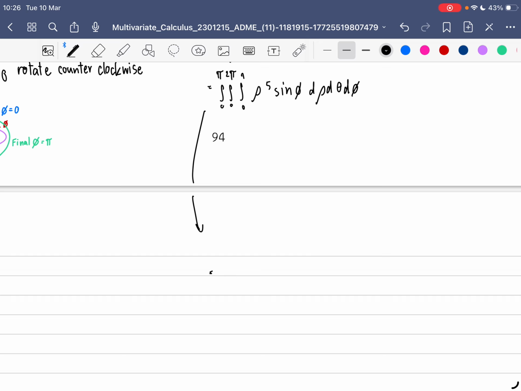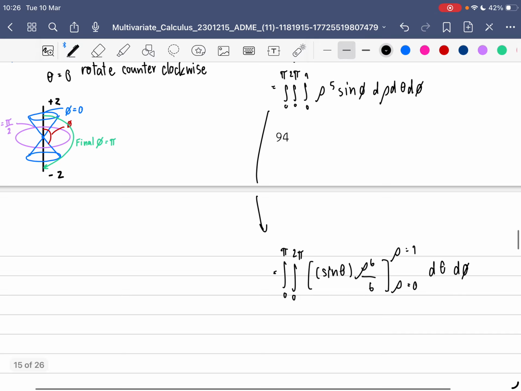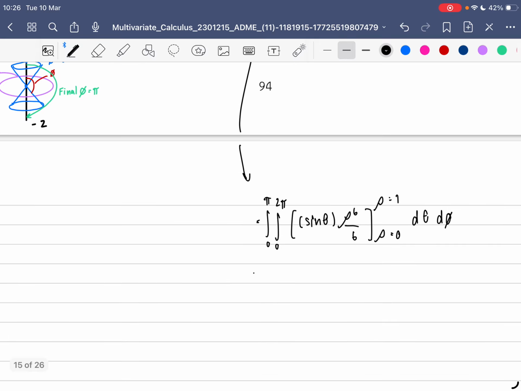So you're going to integrate rho to the fifth, get rho to the 6 over 6 from 0 to 1, d theta d phi, which is 1 over 6 sine phi d theta d phi.